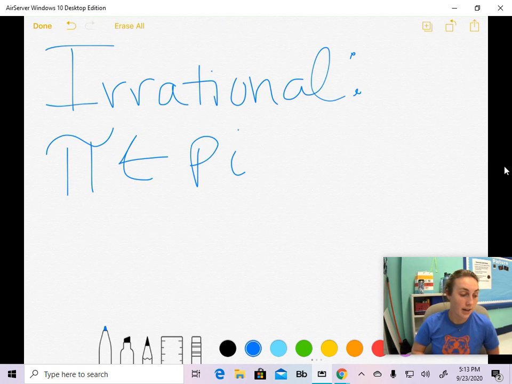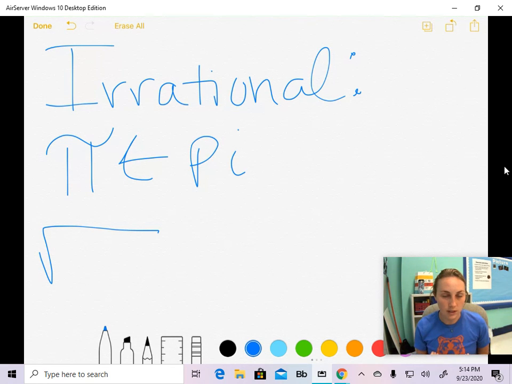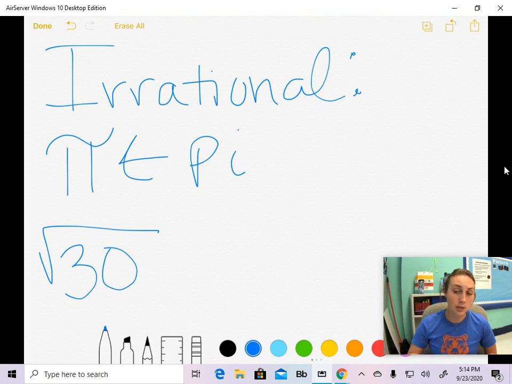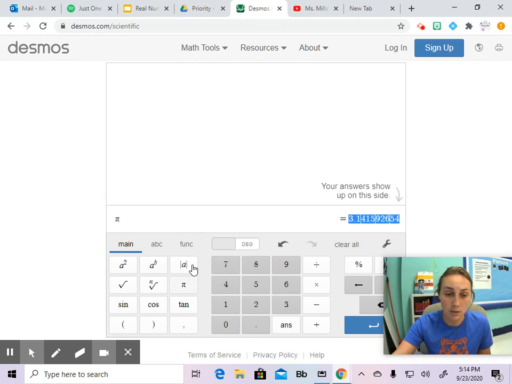Another example of an irrational number would be taking the square root of any number that's not a perfect square. So let's say 30. 30 is not a perfect square because you can't multiply a number by itself and get 30. So let's go back to our Desmos calculator, we can put in the square root of 30.